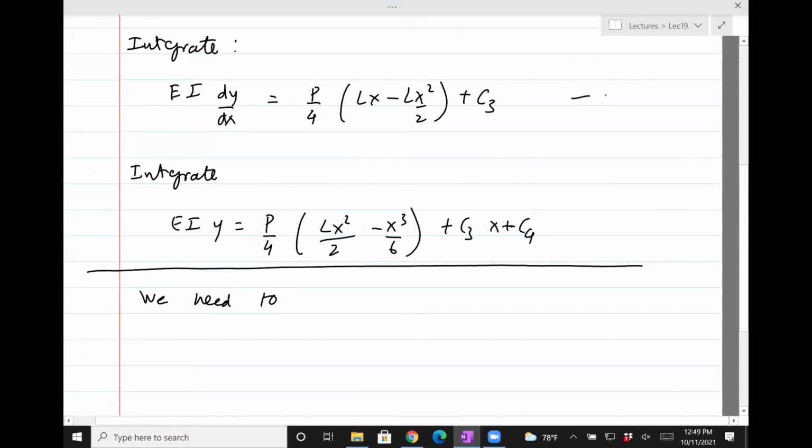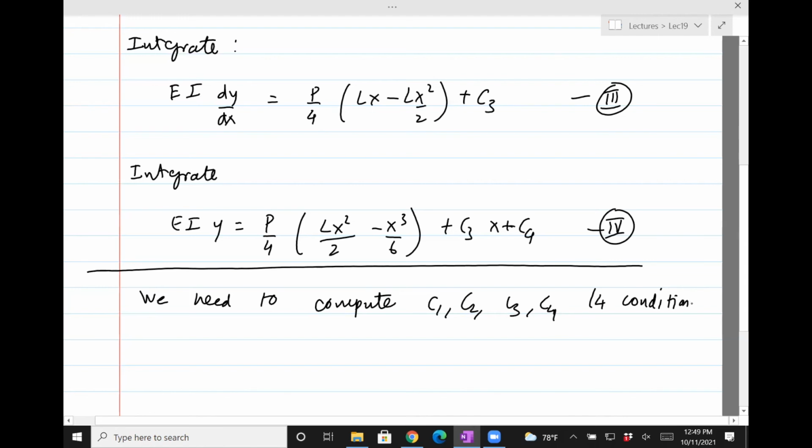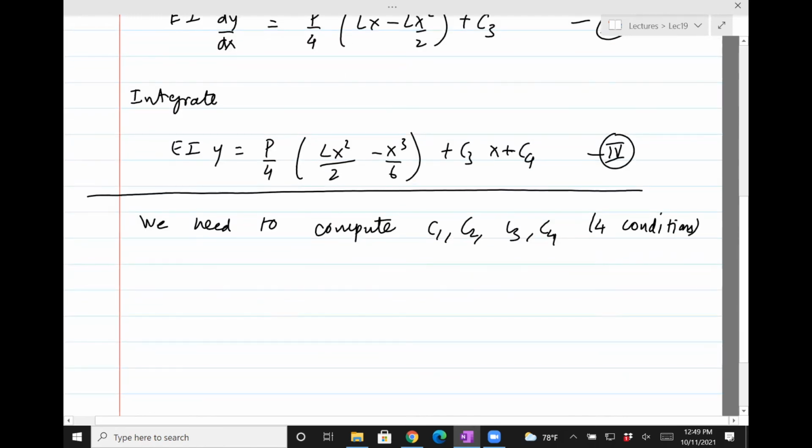Let's call this 3 and this 4. We need 4 conditions. Unless we have 4 conditions, we cannot find the 4 constants.